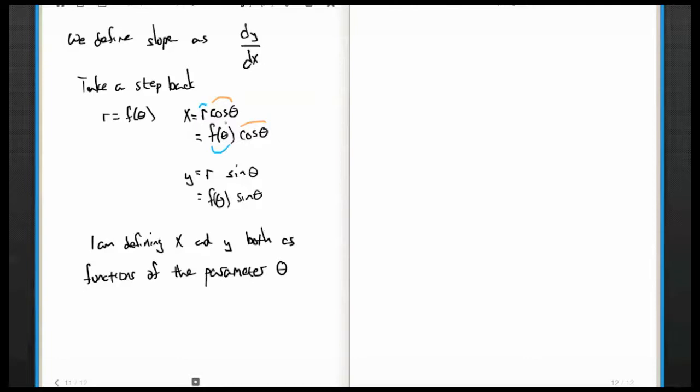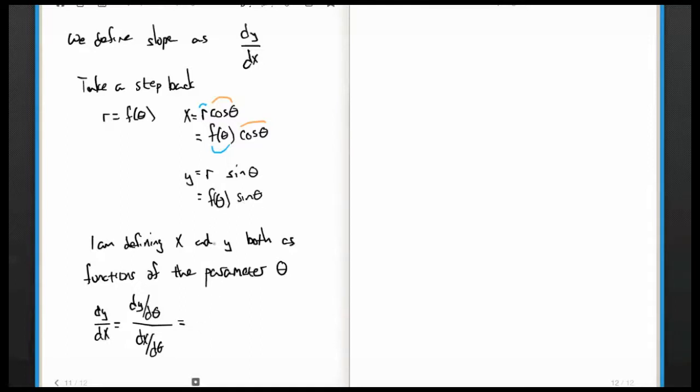And we know that dy/dx has to equal dy/d theta over dx/d theta. Like that. And so how do we do that? Well, dy/d theta, here y is f of theta sine theta.